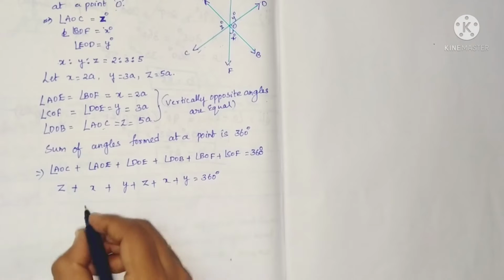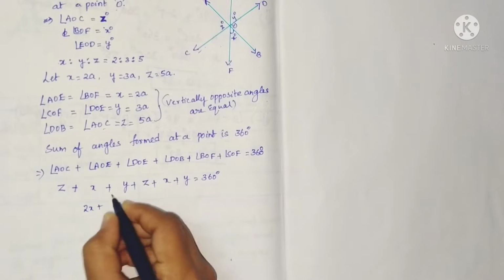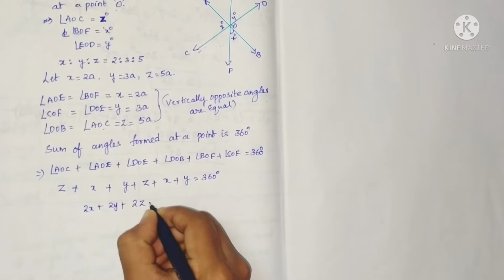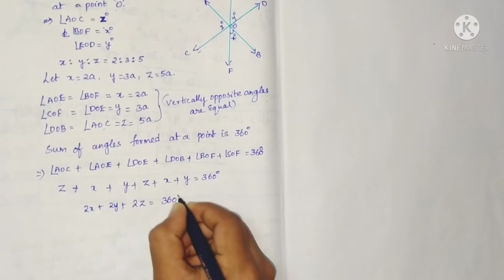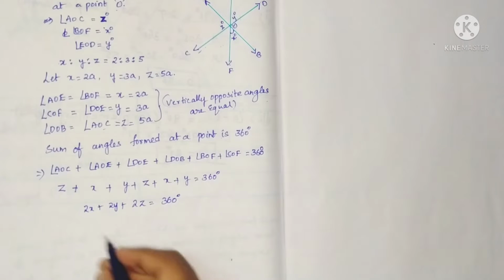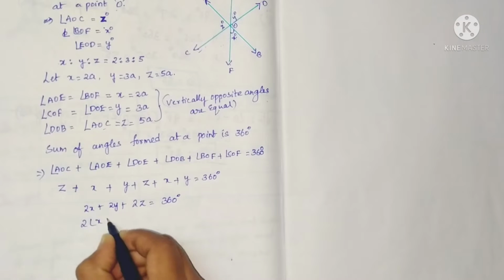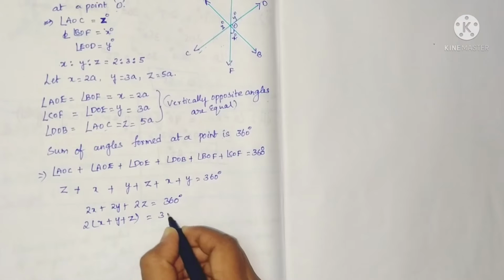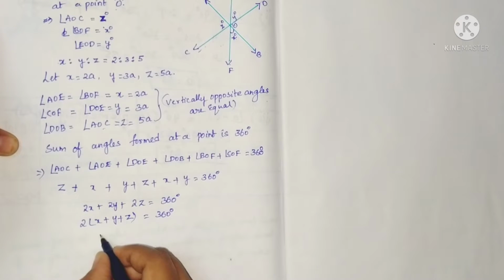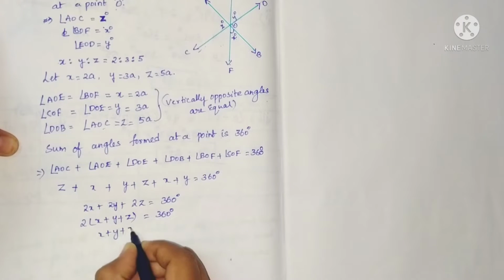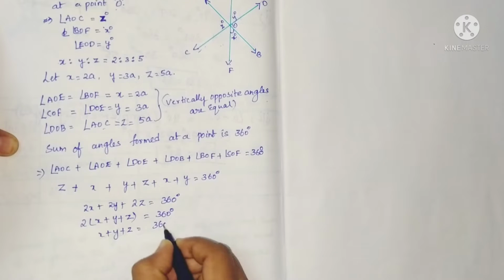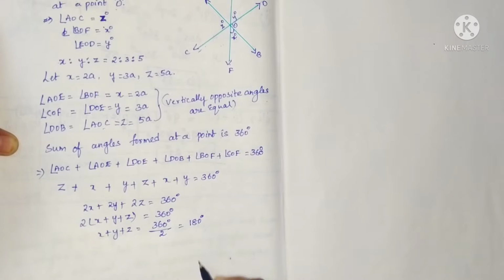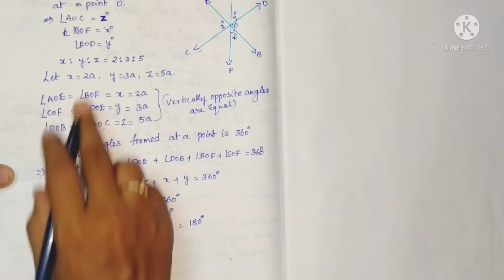So x plus x is 2x, y plus y is 2y, z plus z is 2z, equal to 360 degrees. 2 is common, so x plus y plus z is equal to 180 degrees, after transposing the 2, which comes under division.